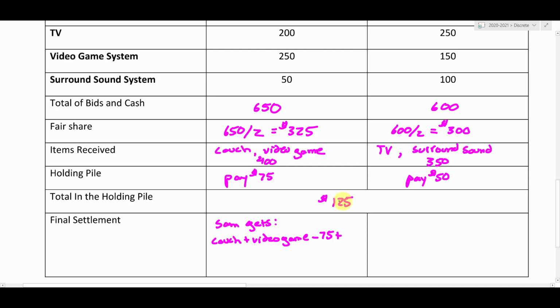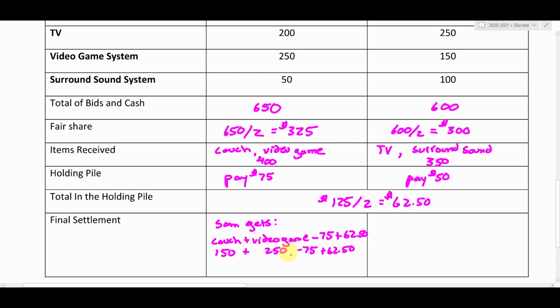All right, so this money that's sitting here in the holding pile, this $125, we split that evenly between Sam and Omar. So if I take this 125 and divide it by 2, what I'll get is $62.50. And so that means each person is going to get an additional $62.50. Now remember, the couch was worth $150. The video game was worth $250. Then we minus 75, and then we added $62.50.